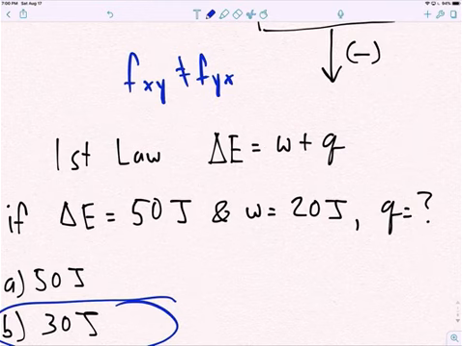I can take that 1,000 joules of gasoline and burn it, and it just turns into heat, no work. Or I can throw that 1,000 joules of gasoline equivalent into a car, and cars are usually about 20% efficient, so I can get about 200 joules of work and 800 joules of heat out of it.